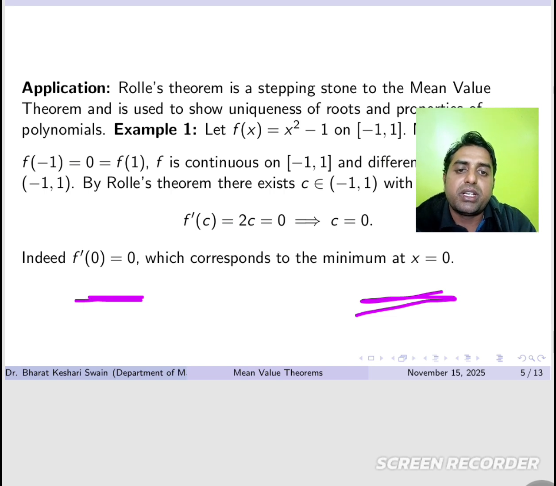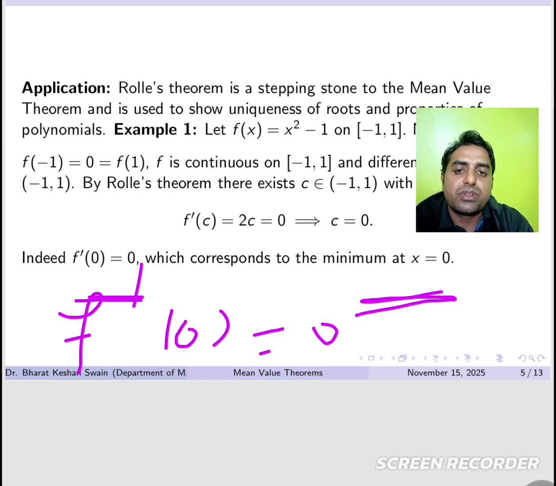If I put 0 here, f dash 0 is equal to 0, because c equals 0, so f dash 0 equals 2 into 0 equals 0, which corresponds to the minimum at x equal to 0.